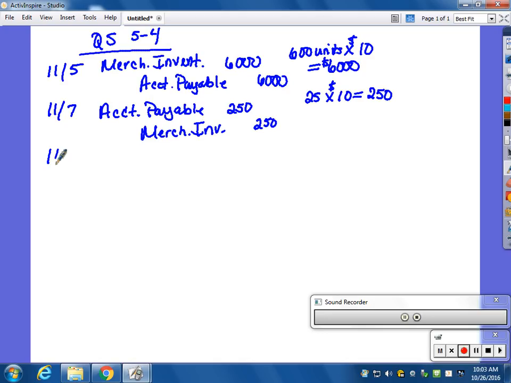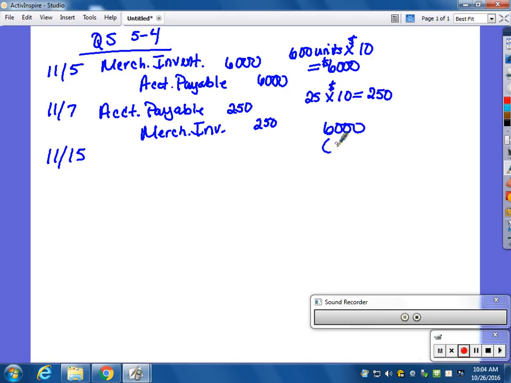And then November 15th, it says that they paid the amount due from the November 5th purchase less the return on November 7th. Is that within their discount period? Yes, it's within the 10 days, right? So we started off with $6,000, right?